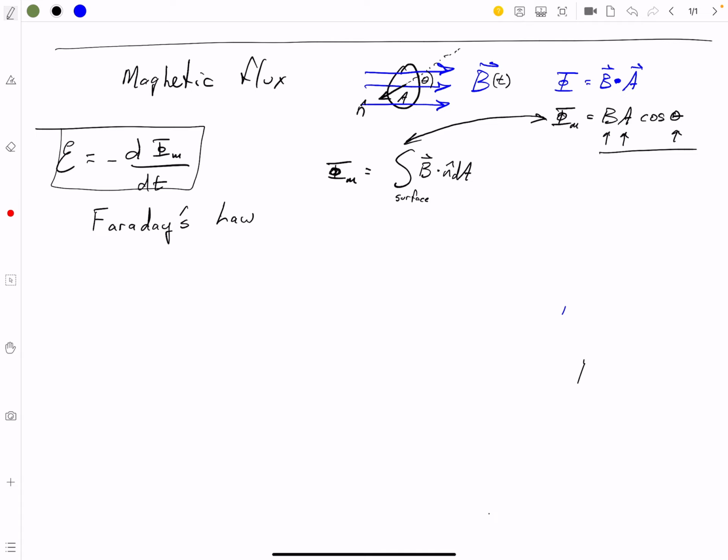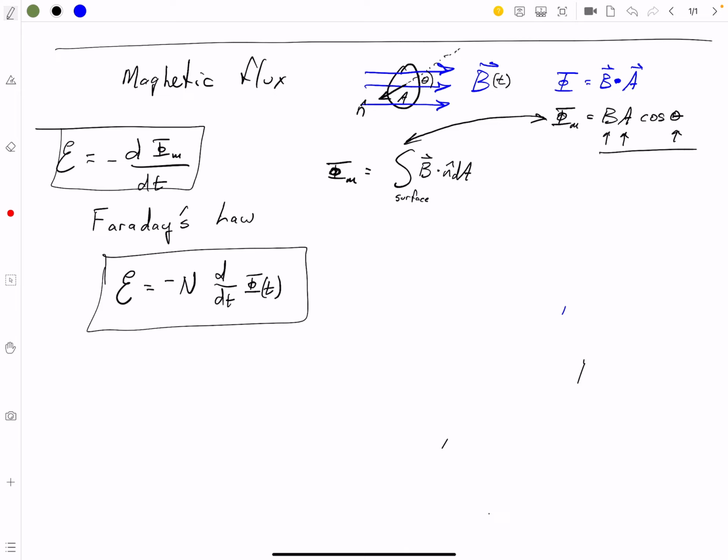So that's how we figure out phi. We've got our flux, and if we want to take Faraday's law and we have N loops, then we've got N times our d phi dt. So, Faraday's law with N loops.